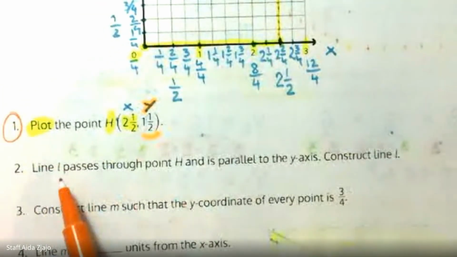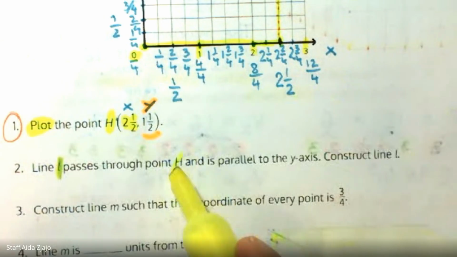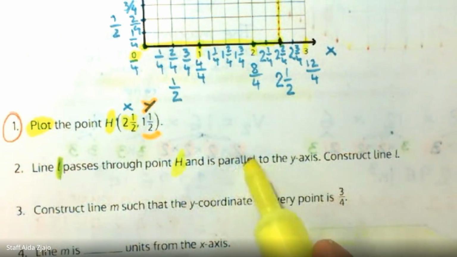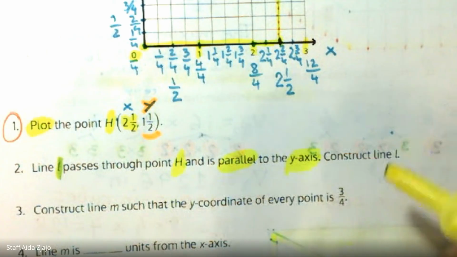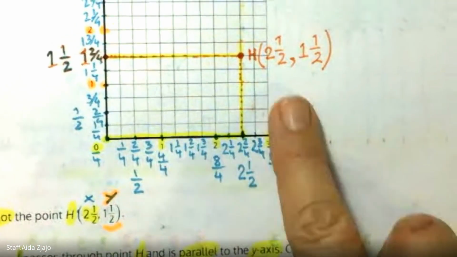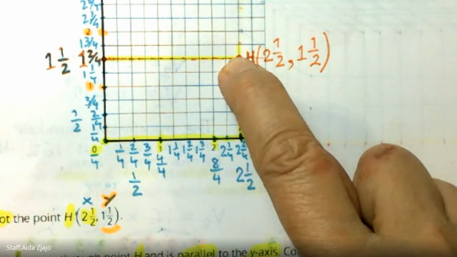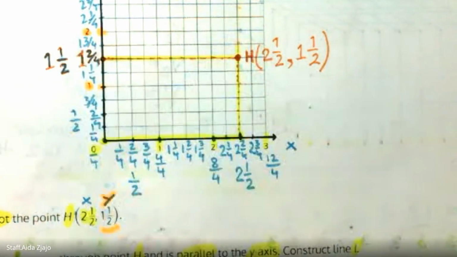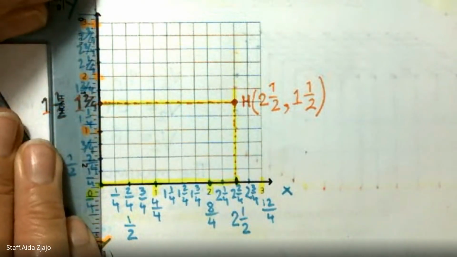Okay, the 2 says line L passes through point H and is parallel to the y-axis. Construct line L. So line L will pass through H, and the line has to be parallel to the y-axis. Parallel means that the lines are always the same distance apart, and they never meet each other.